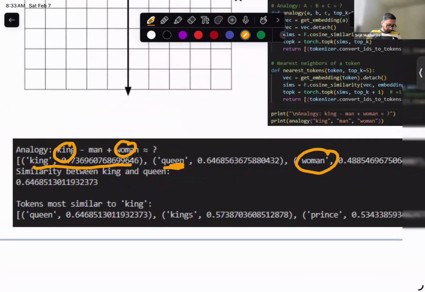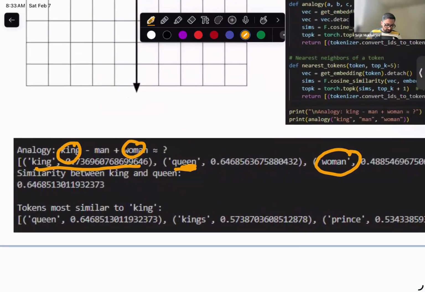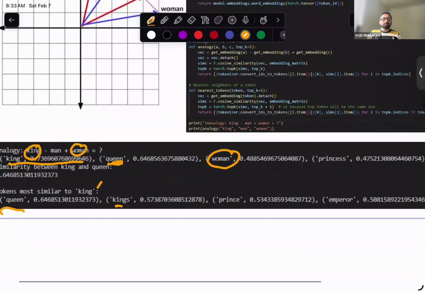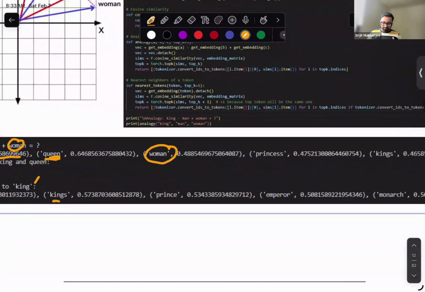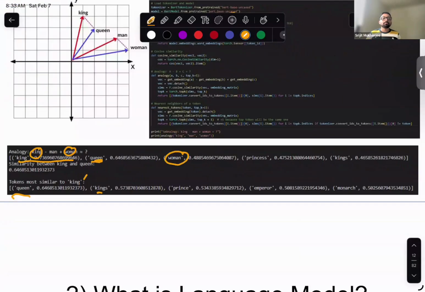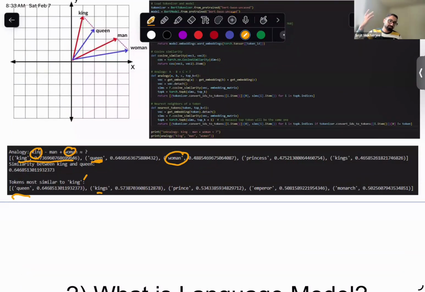And if you see tokens similar to king, it's queen, kings, prince, emperor. So similar words are together. Now the similarity can be many-fold. Queen and king similarity is because they have the royalty thing together and they have the high stature. King and emperor maybe means the same thing.